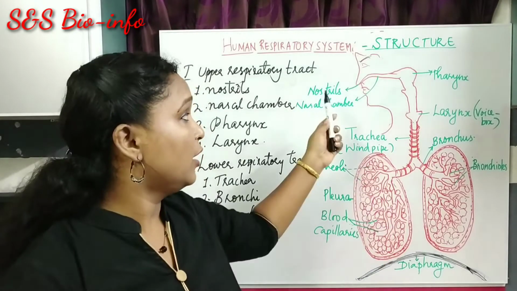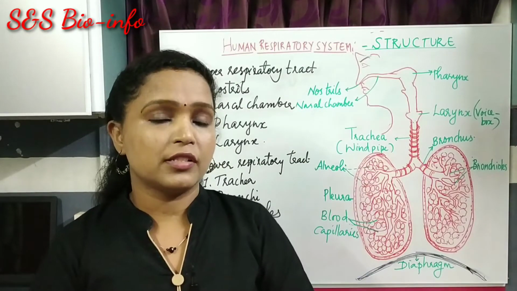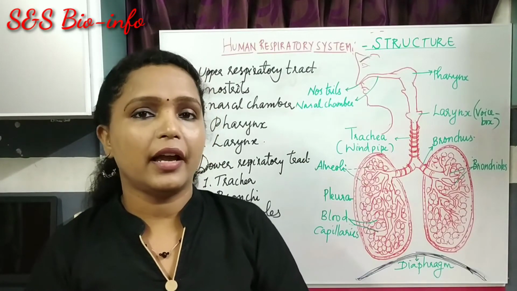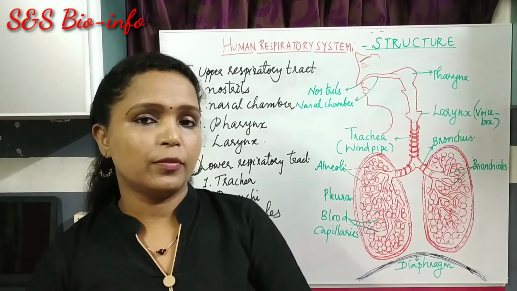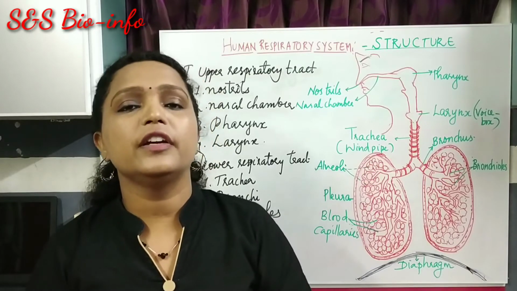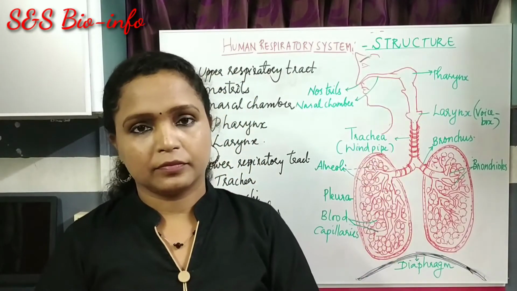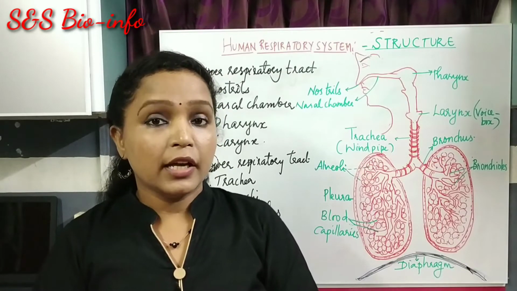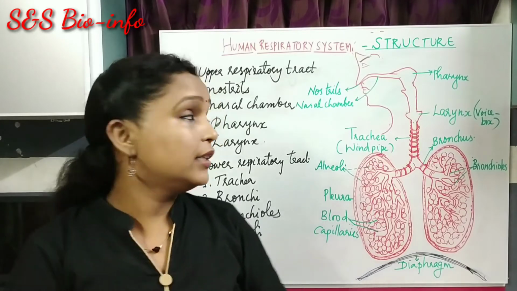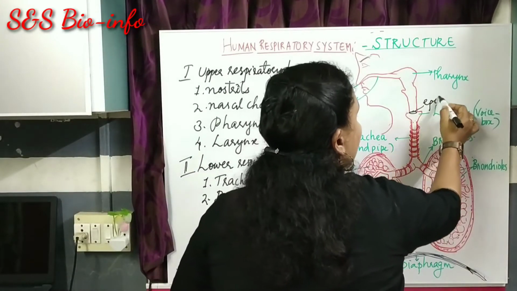Then the air moves to the pharynx. The pharynx is an airtight chamber. It's a common passage for food and air. The pharynx leads to both the esophagus or food pipe and the trachea or windpipe. The pharynx leads to the larynx. The larynx is also known as the voice box. There is a flap of cartilage at the entrance of the larynx called the epiglottis.